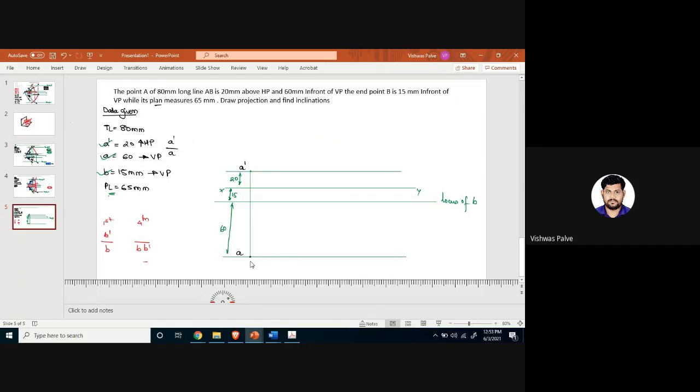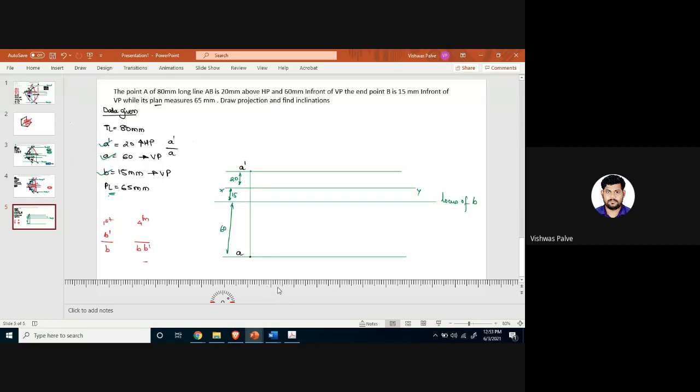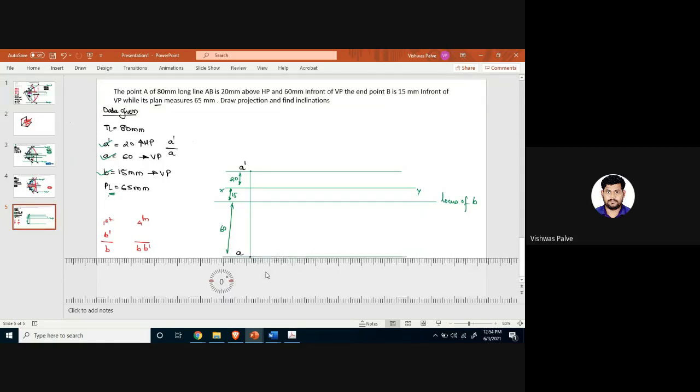So here we have to draw plan length, and how much is that distance? 65 millimeter. So draw a horizontal line of 65 millimeter from here. So on this line, I will draw a 65 millimeter line.